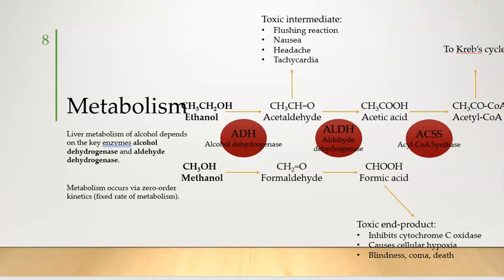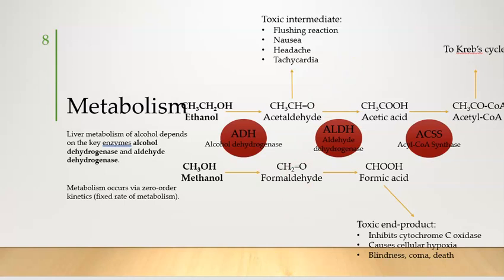So genetic variability in the ALDH can reduce the risk of alcohol abuse, as the flushing reaction causes adverse conditioning to alcohol intake. These are toxic intermediates. So when you break down ethanol, you get these toxic intermediates, which, boy, do those look like what happens when you drink a lot of alcohol or even a hangover.